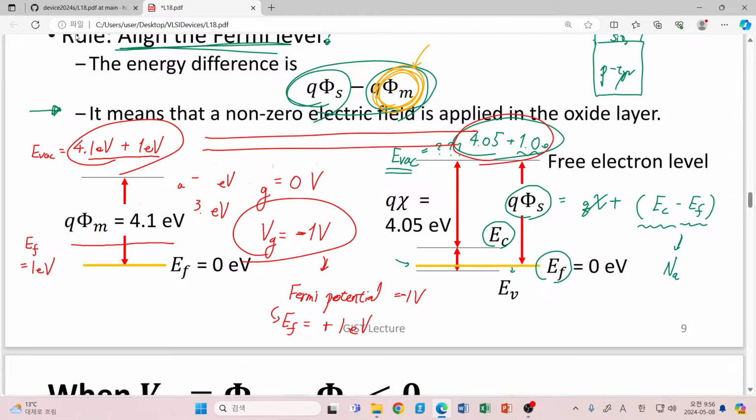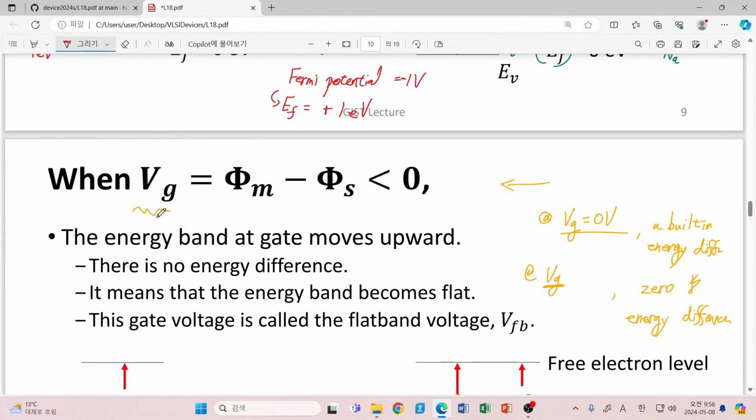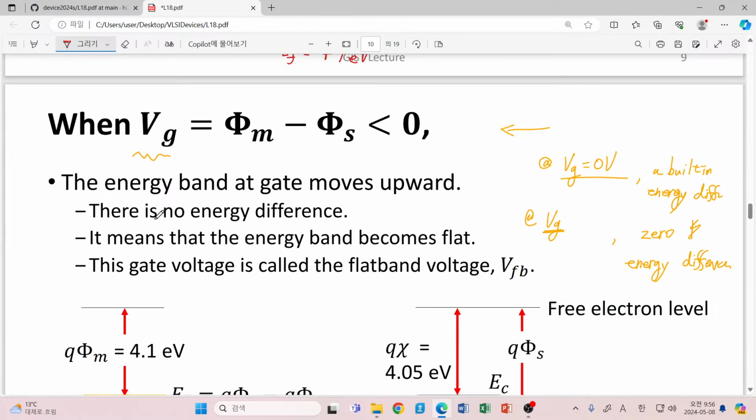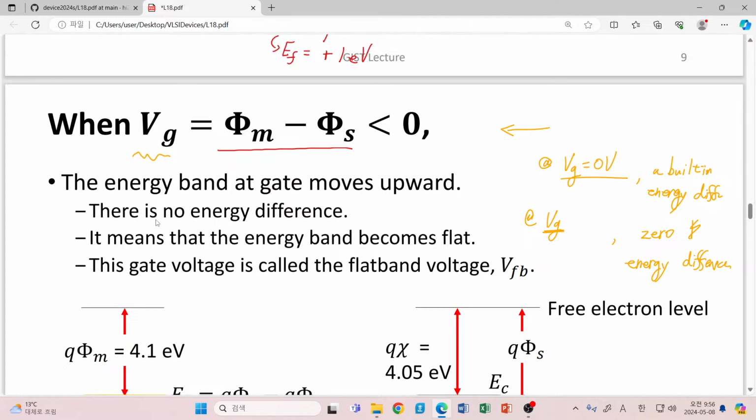Of course, the exact value depends on your semiconductor work function. So the exact value is given by this number. Don't be confused with sign. It is very confusing in general.